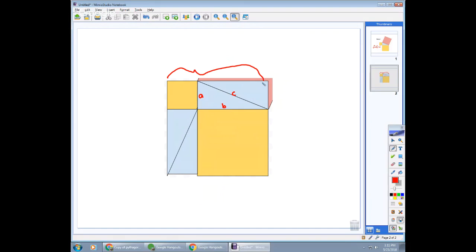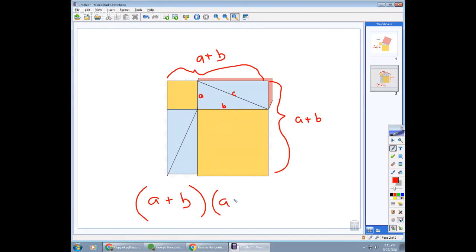A plus B. And what is the height of this figure? It's A plus B again, isn't it? So I can take those extra copies of the triangles and make a new square that has a total area of A plus B times A plus B.